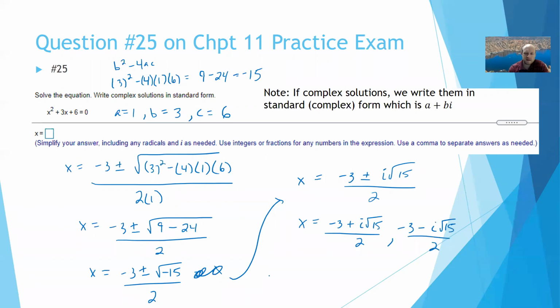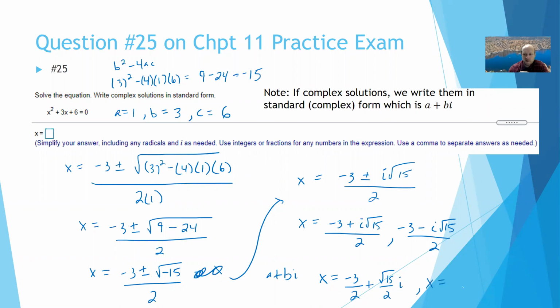And again, you kind of have to write these in a plus bi form. MyLab will accept these answers. In fact, this is the same form that I used on your lecture notes for section 11.4. But really, you should write them like so: negative 3 over 2 plus square root of 15 over 2 times i, so the i goes out in front of the fraction.